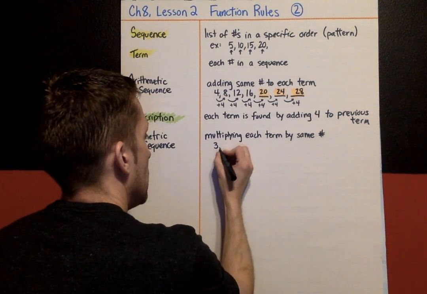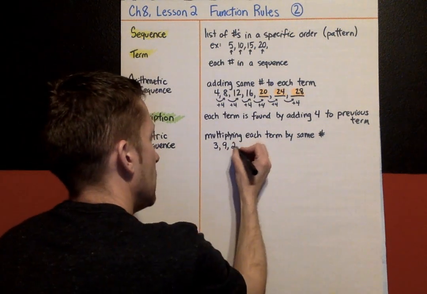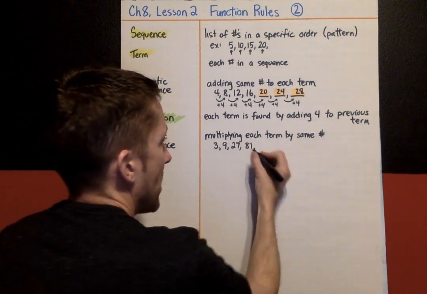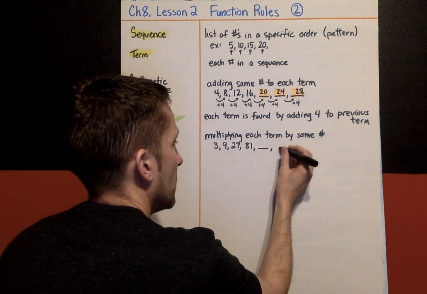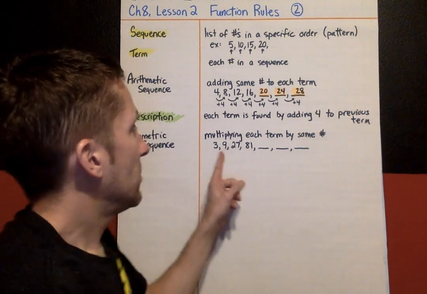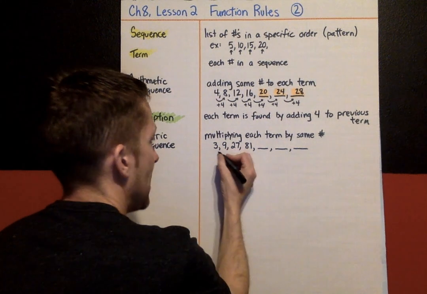Here is an example of a geometric sequence: 3, 9, 27, 81, and you might be asked to find the next 3 terms as well. So how did we go from 3 to 9? It was times 3.